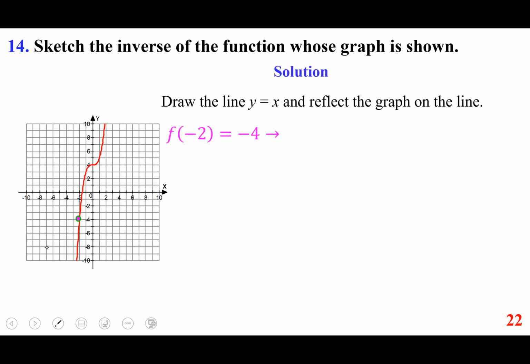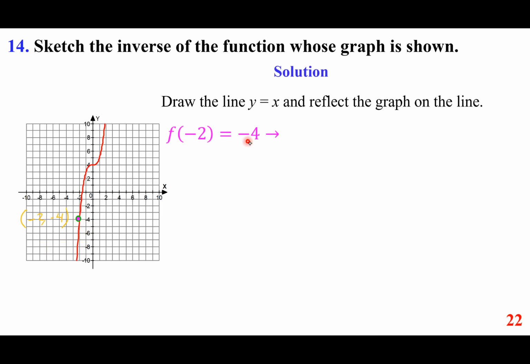For example, this seems to be located at -2, -4. Which means f of -2 is -4.